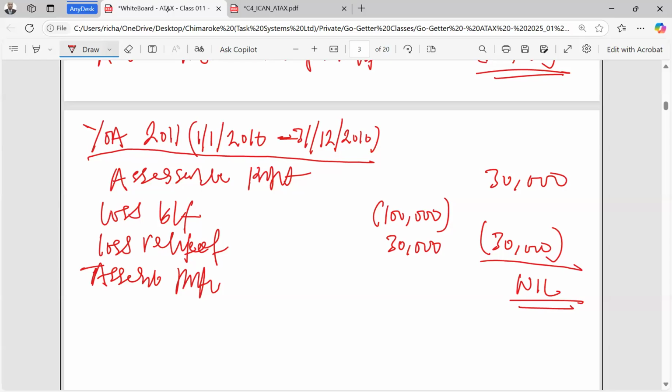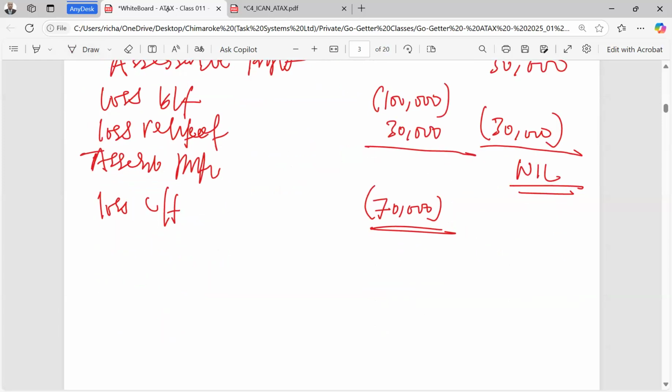Then now you will say loss carry forward. You have 100,000 as your debt. 30,000 has been paid for. 70,000 is to be carried forward. So you are carrying this 70,000 to the next year.